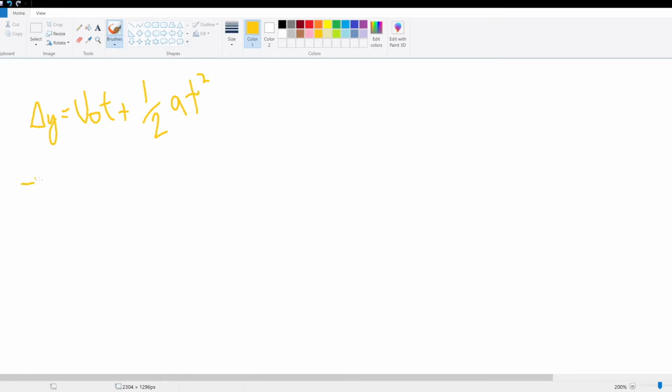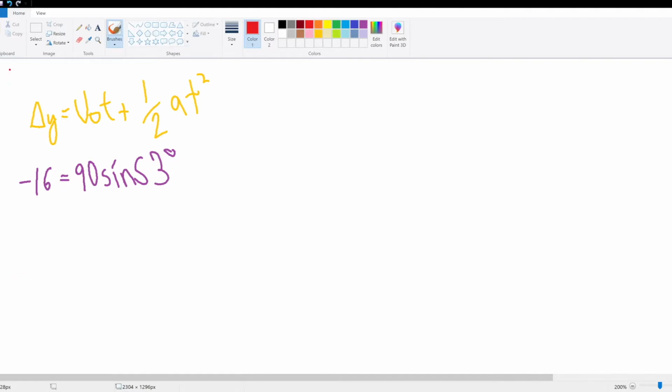So negative 16 is our delta y, and I should probably be doing this in a different color. So negative 16 is equal to 90 sine of 53 degrees. Because keep in mind we're doing this in the y direction, okay? So let me just write that right here.